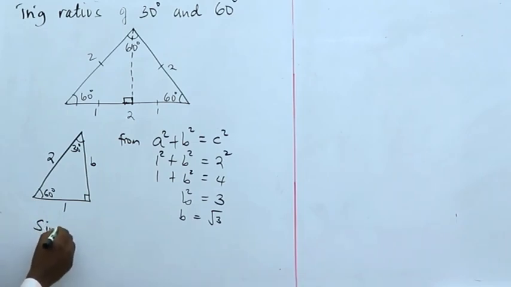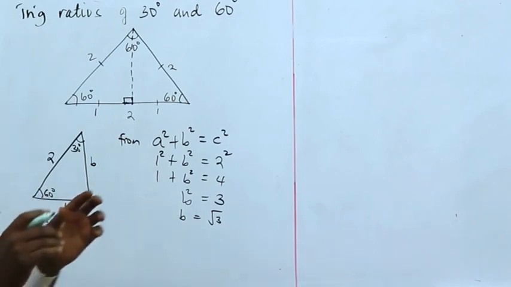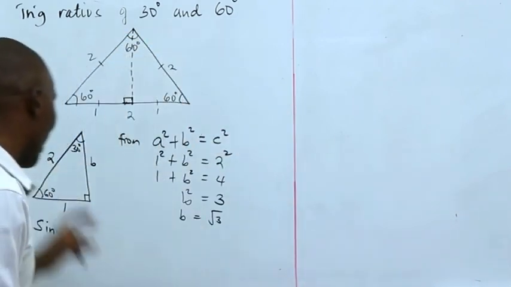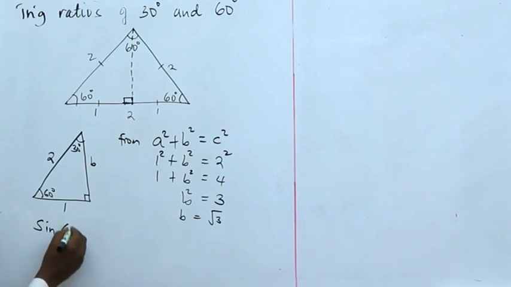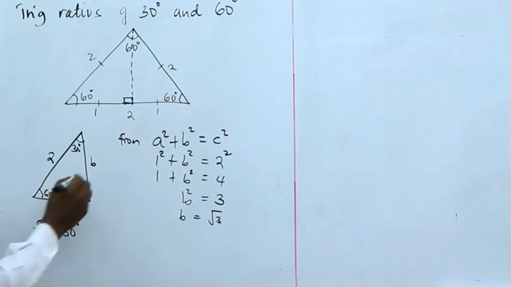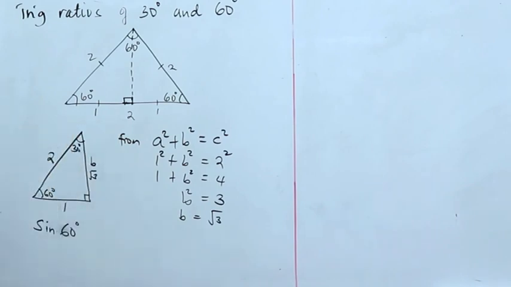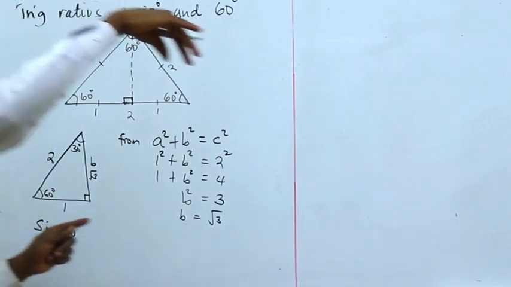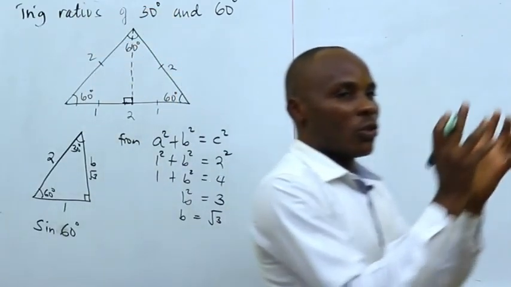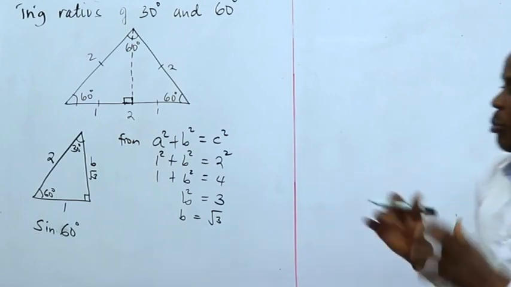Our subheading is talking about the trig ratios of 30 and 60 degrees. If I start with 60 degrees, I need to determine sine 60 degrees. So I've got this as root 3. So from what we saw, we discovered that sine is opposite over hypotenuse.